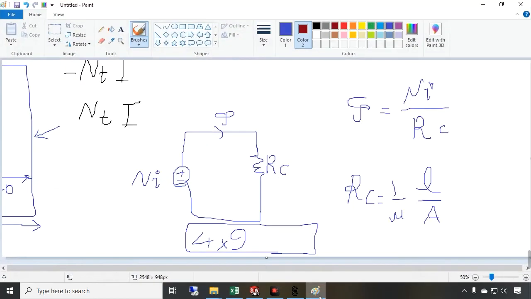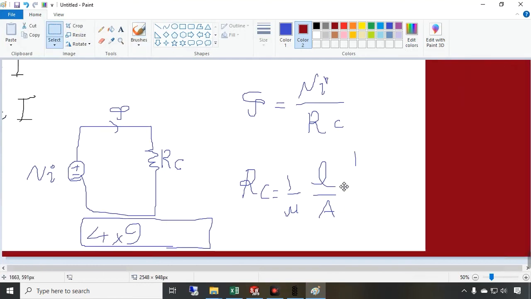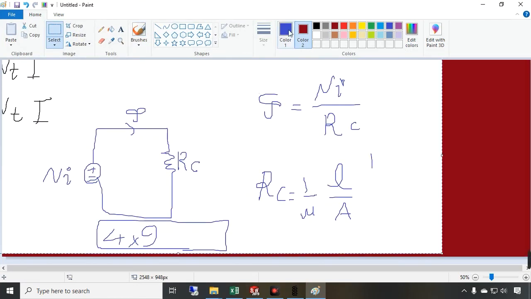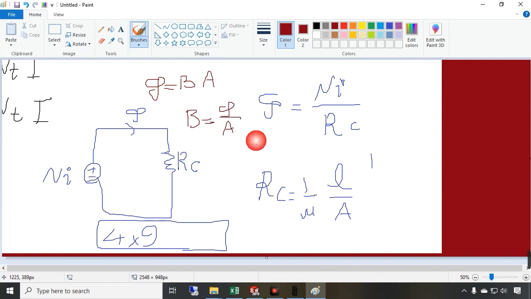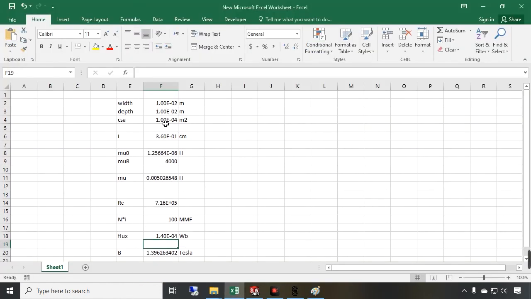So when we have flux, we can calculate the B. As you know, the value of phi is equal to B times A. So the value of B is phi divided by A, or the cross-sectional area. Here the value of A is 1e minus 4.